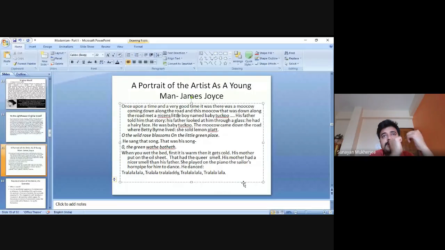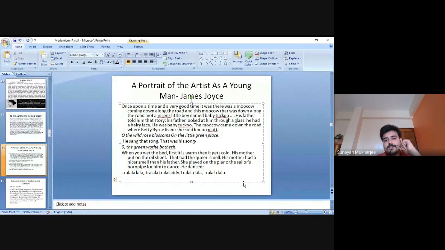You would not find it in the writings of the earlier generation authors. But Joyce breaks the style completely. Joyce, in his unique way, tries to break the style and tries to incorporate the voice in a different way, the point of view in a different way.